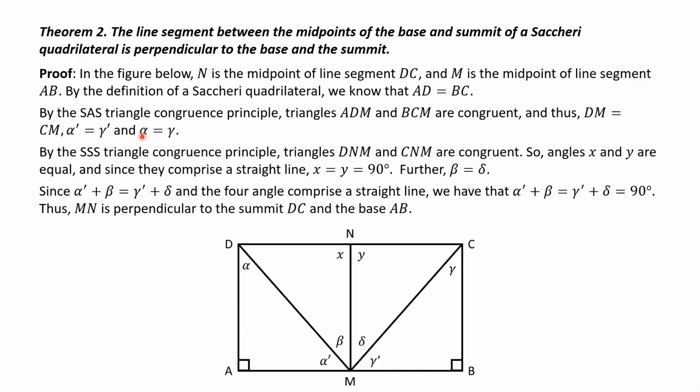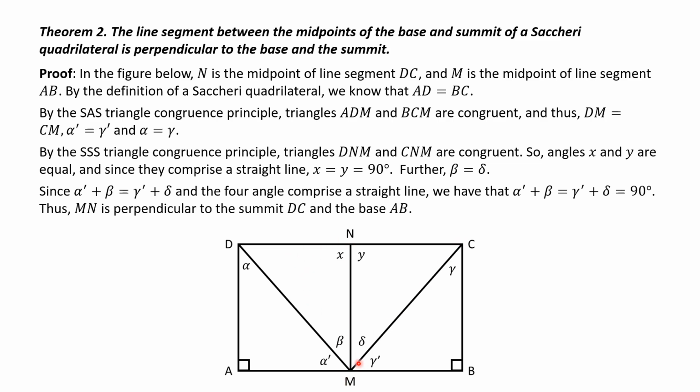And so by side-angle-side, these two triangles are the same, and then that means that this angle here is equal to that angle here. This angle here, alpha prime, is equal to gamma prime, and also the diagonal here, this DM, is equal to CM. So we have that.